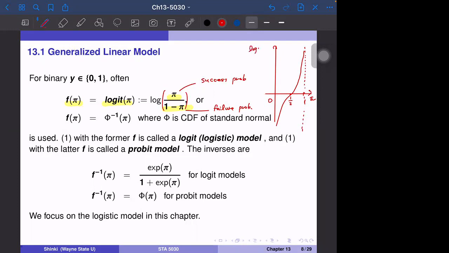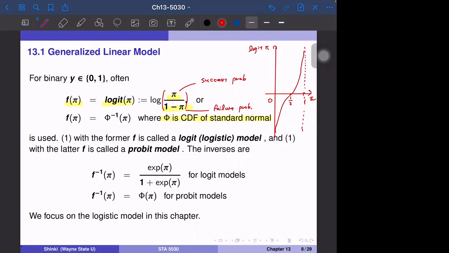That is the logit of pi. Another function is f of pi equal to phi inverse of pi, where phi is the CDF of the standard normal distribution. You can see that the CDF is an increasing function on the entire real line, and its range is between 0 and 1.